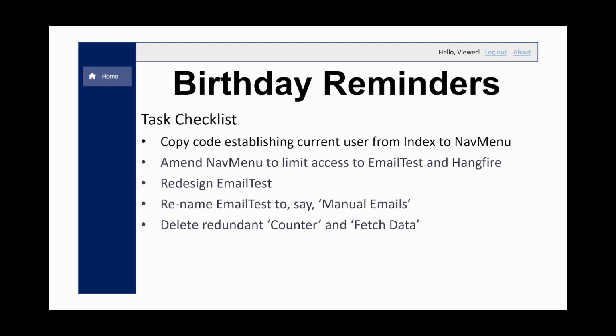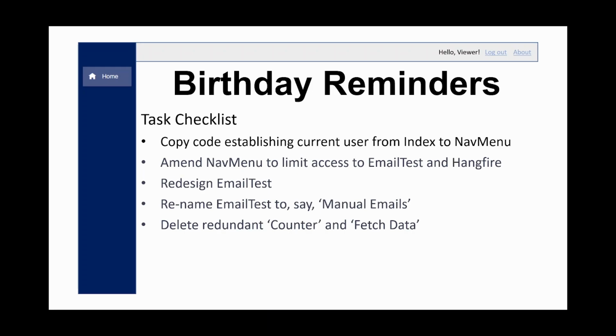The tasks for this particular video is to copy the code we've already got on the index page to the nav menu for establishing the current user. We will then amend nav menu to restrict access to Email Test and Hangfire to non-admin people.